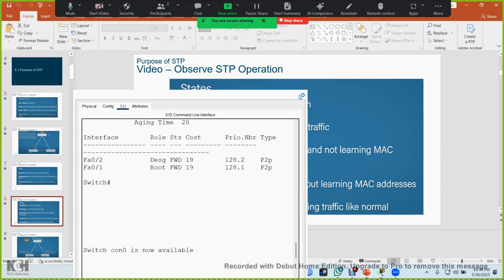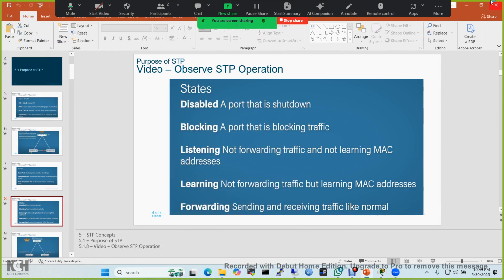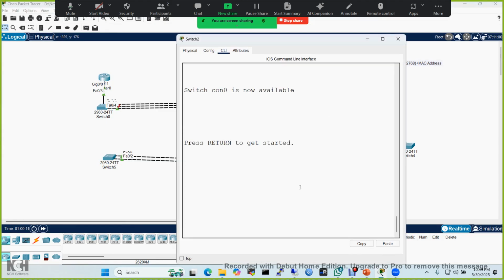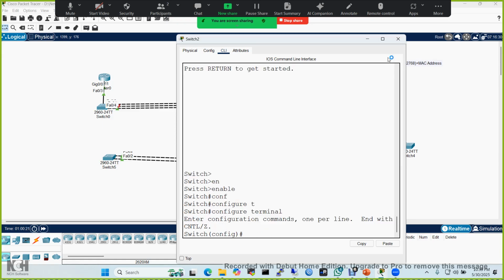Then I will make you clear all the other statuses of the ports. I am in this switch, the root switch. I am going to give some commands for showing you the other statuses. Enable, config terminal. How can I check spanning tree status from here?